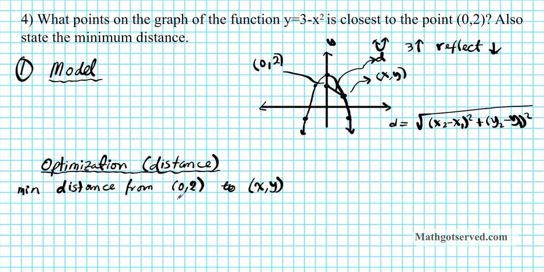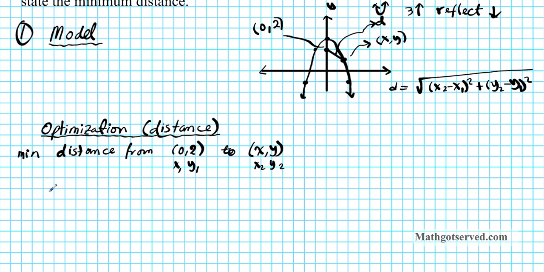The first point is x1, y1. The second point, x2, y2. So if we substitute these values into our distance formula, that will give us the optimization function. All right, so d equals the square root. Let me use a ruler here since it's going to be a long expression.